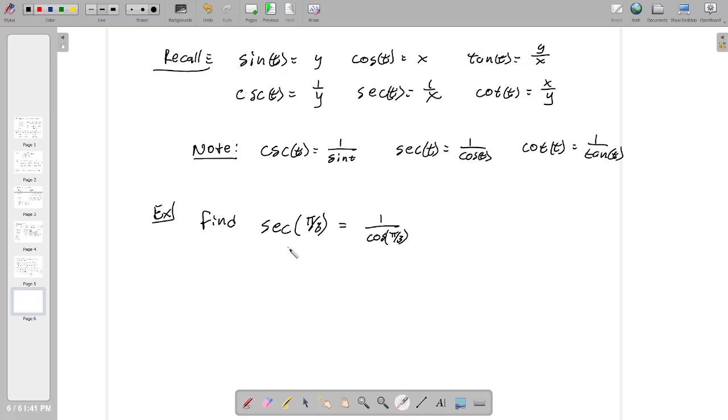So really, when I'm looking for secant, I don't really care what secant is specifically. I care what cosine is, because I know secant will just be 1 divided by whatever cosine is. So we find cosine pi over 3. Cosine of pi over 3 is 1/2, which means secant of pi over 3 is 1 divided by 1/2. So secant pi over 3 is equal to 2.